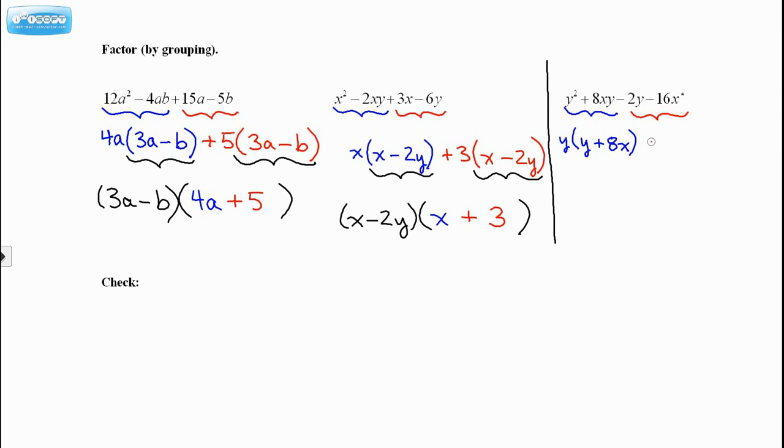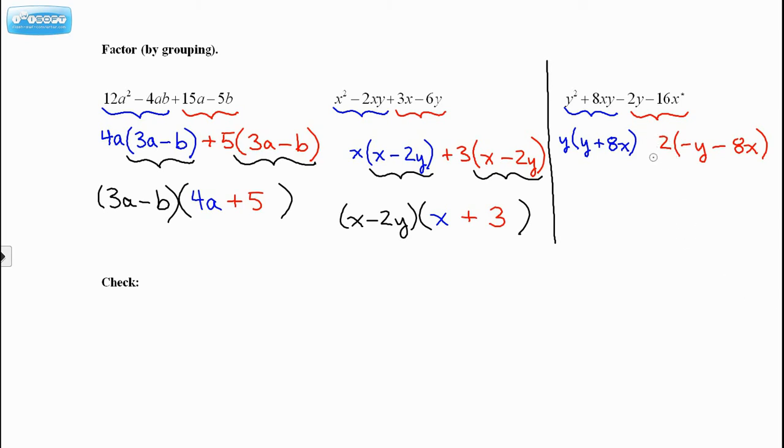Well, you might think you can pull out the 2, but that would leave a negative y minus 8x. That's not quite what we want. Well, we can get around that problem by, instead of factoring out positive 2, factoring out a negative 2.